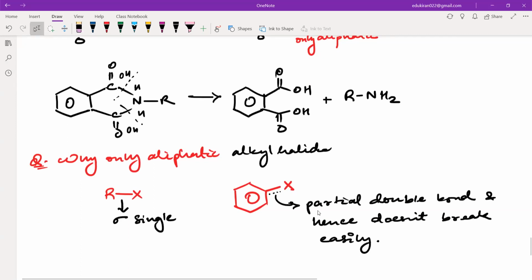This is only sigma, only a single bond is there, and that is why it can break easily. So please remember that this partial is the crux word here. Whenever you are asked why only aliphatic, then you have to remember aromatics have partial double bond character. That is why we don't use aromatic amine. Is that clear? Yes or no? Please tell me. Yes, Abir? Yes, sir. Okay, now moving on.